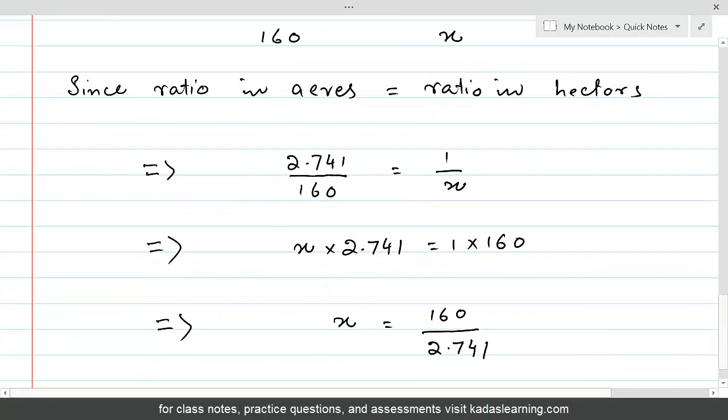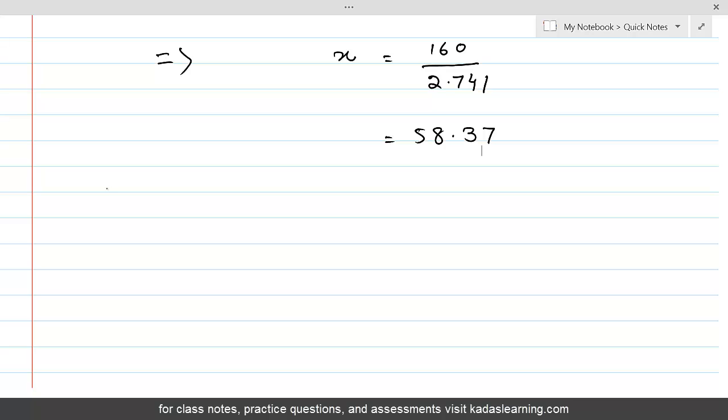And now in the second part, what is being asked? For part B of the same question, if this land is in the form of a perfect square, then let's write it down. Make a square.